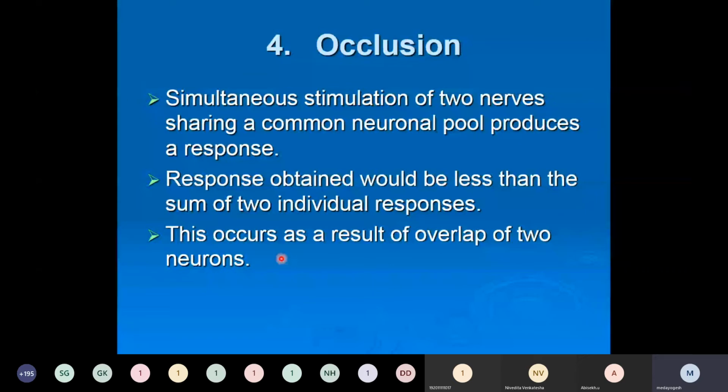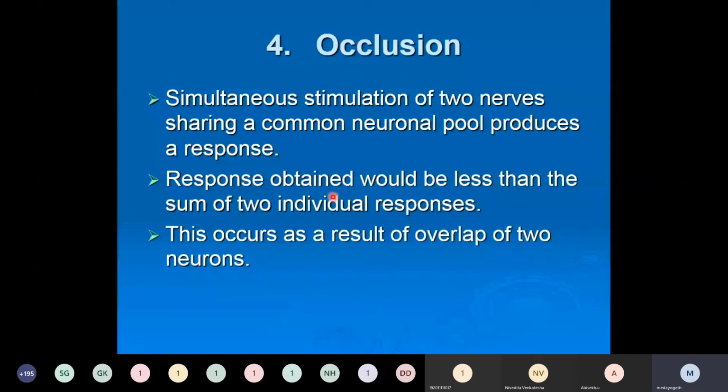If you stimulate nerve A, you get a response of 10. You stimulate nerve B, you again get a response of 10. But if you stimulate A and B together, instead of 10 plus 10, 20, you get only 15.